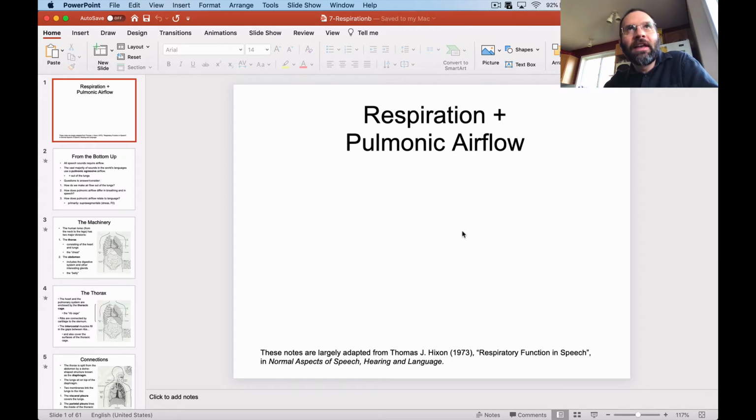The second thing I'll say is that there's a lot of terminology and basic biological detail in this lecture, just so you know what the equipment is and how we use it in speech and breathing in general. Normally when I give this lecture in class, I write a lot of these terms on the board so you can write along with me, because I know that if you write something down when you're taking notes, you'll remember it a lot better.